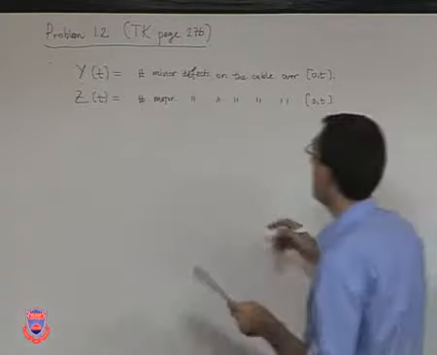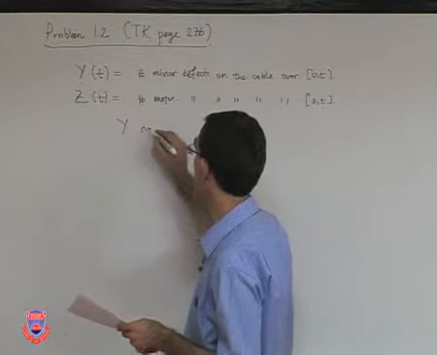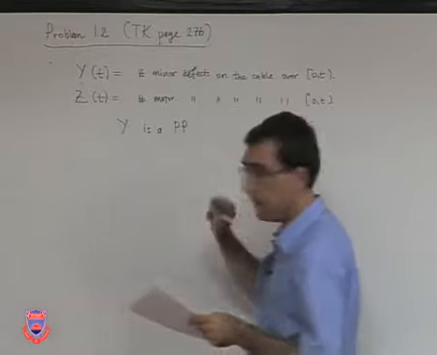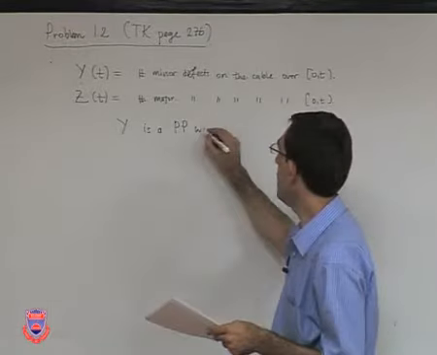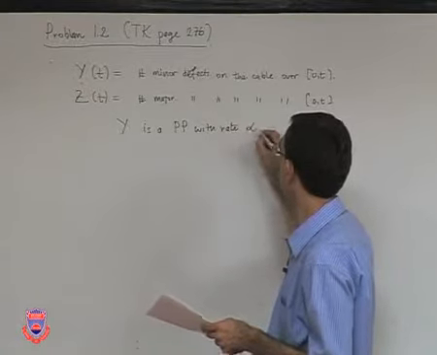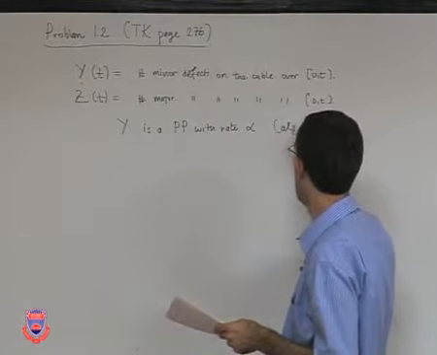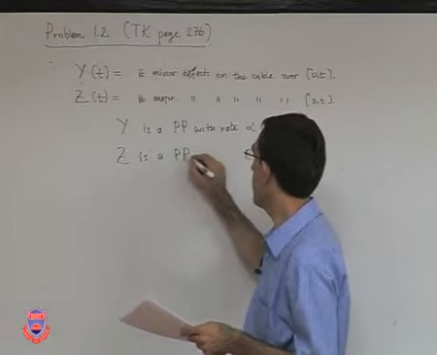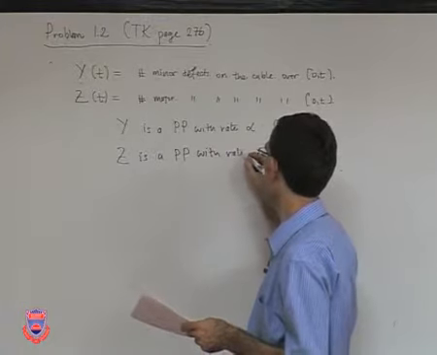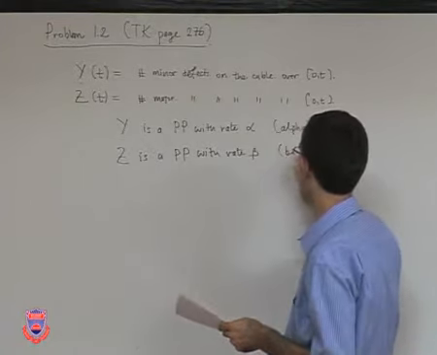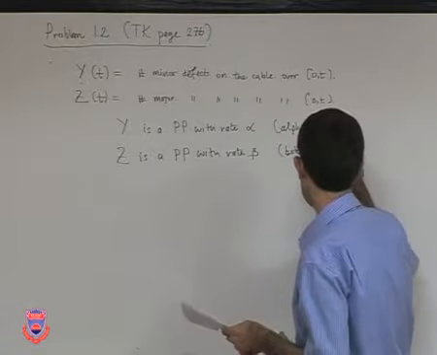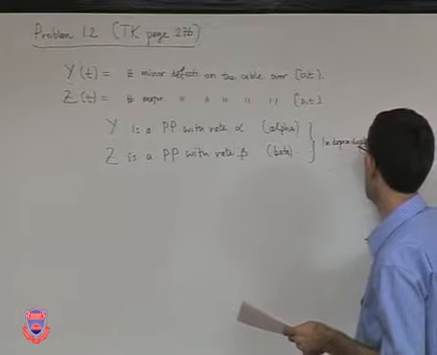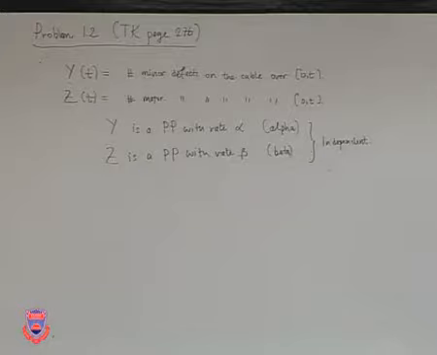And we are told now that Y is a Poisson process, so let me use PP to refer to that, with rate alpha. And Z is also a Poisson process, but possibly with a different rate beta. And we are also told that these two processes are independent of each other. So these are given.